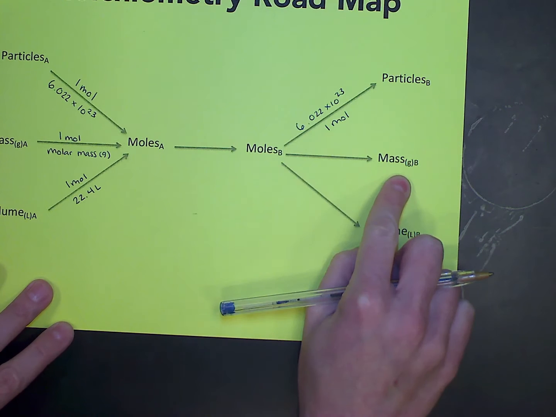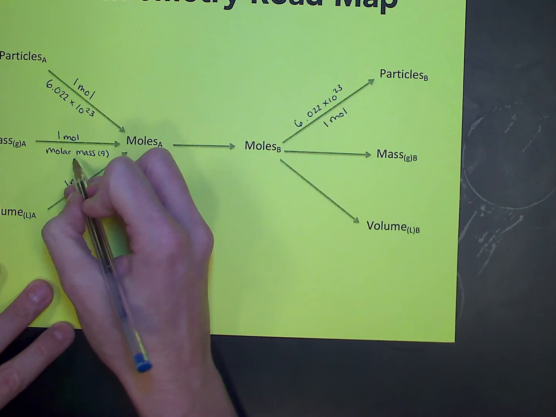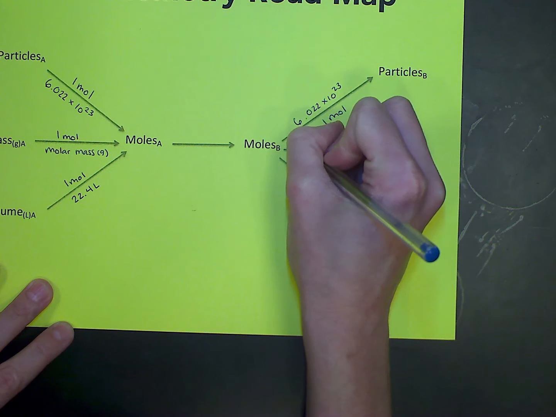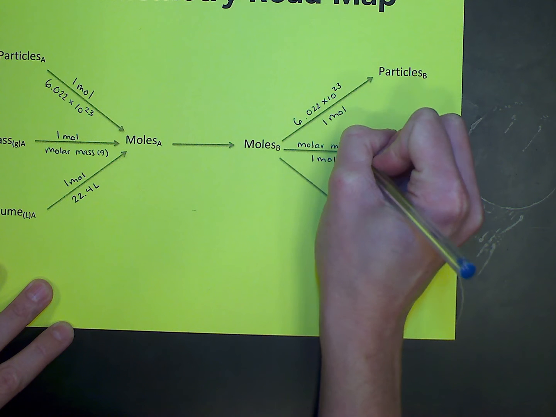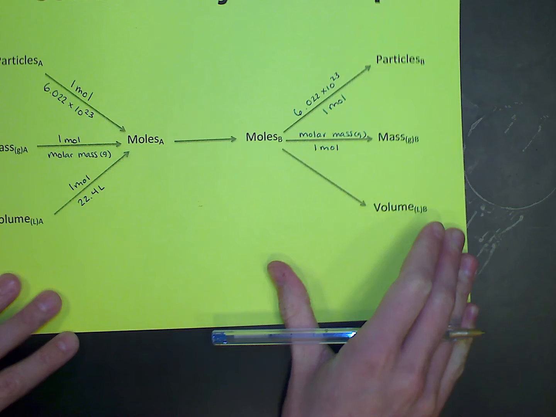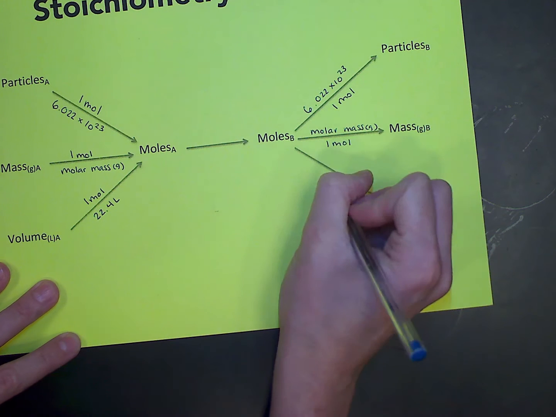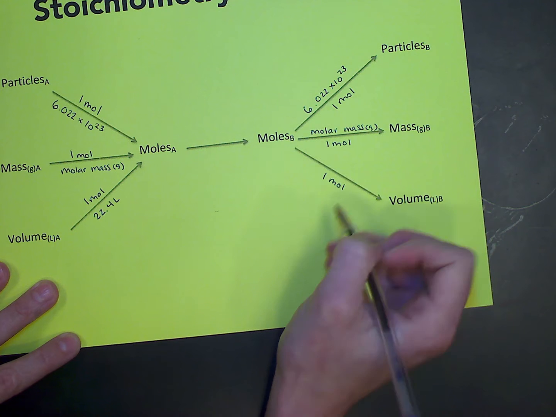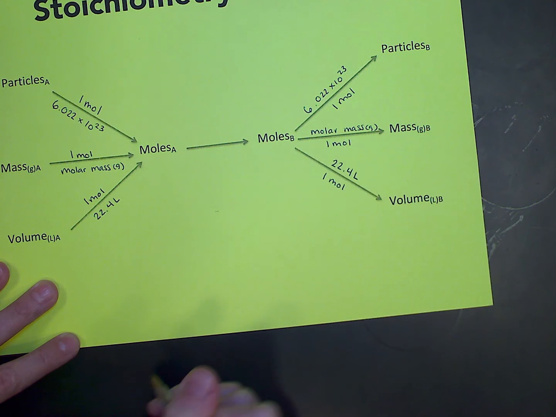Over here, moles to mass, we're going to do something similar to what we did previously, but now we're going to have 1 mole on the bottom, and we'll have molar mass on top. Okay, and then moles to volume, similar to over here again, but now we're going to have moles on the bottom, so that moles and moles cross out doing our conversion, and we're going to have 22.4 liters on top.